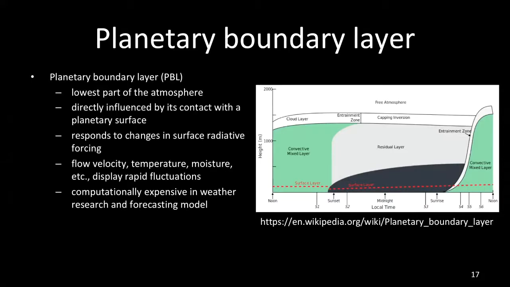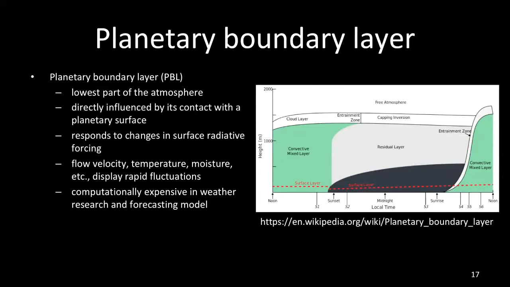The interesting thing is this part of the atmosphere, the planetary boundary layer, changes over time. At noon it looks more uniform, but during the sunset you have different compositions, and the point is that over time the same place can change in its properties.